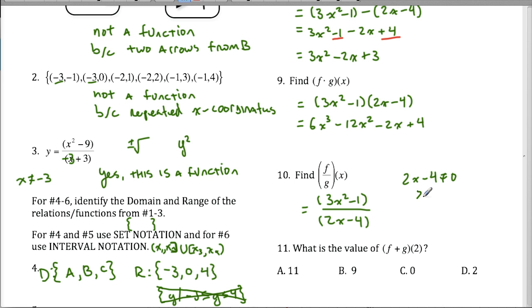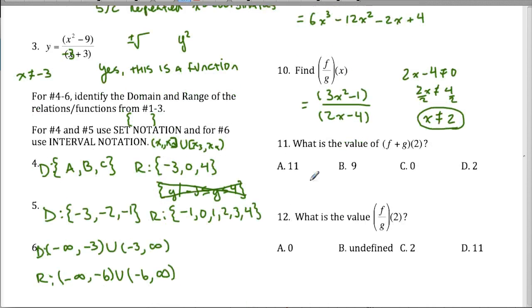And so what I want to say is what x cannot equal. So 2x minus 4 cannot equal 0, so that means 2x cannot equal 4. And divide by 2, and you get that x cannot equal 2. So that had to be part of your answer, and that's why I would have marked this question wrong for you.